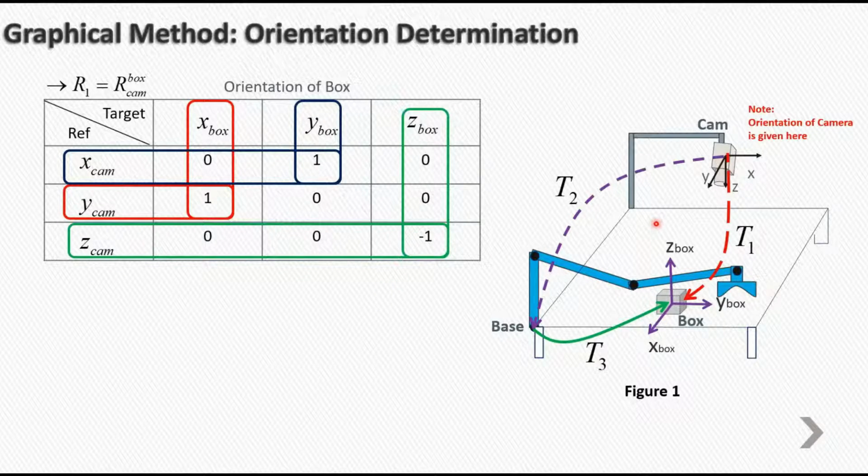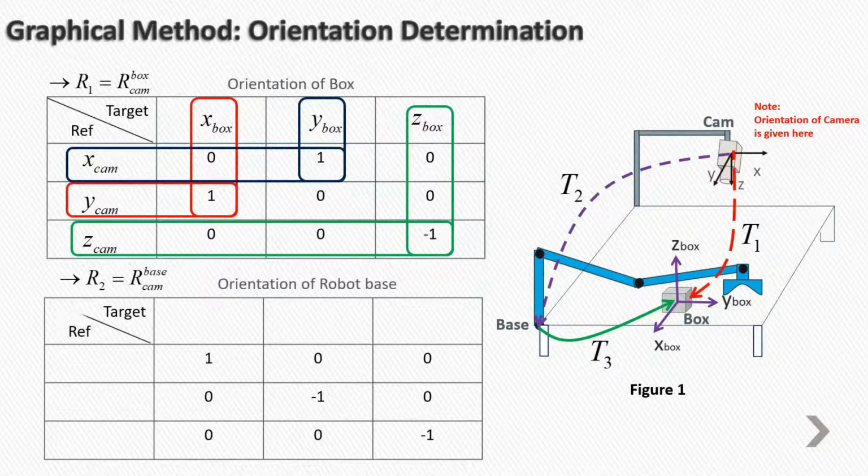Then for the base orientation we need the base to cam matrix, and we tabulate it like this. The same thing we repeat as for the orientation of the box. We need to find the non-zero entries between these two items.